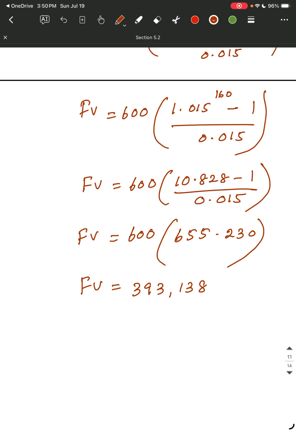So using a calculator, you can get that value. So Sammy will have approximately the future value 393,138.